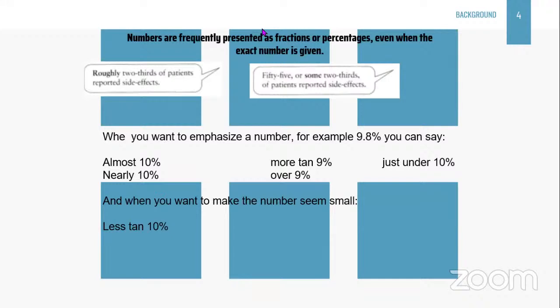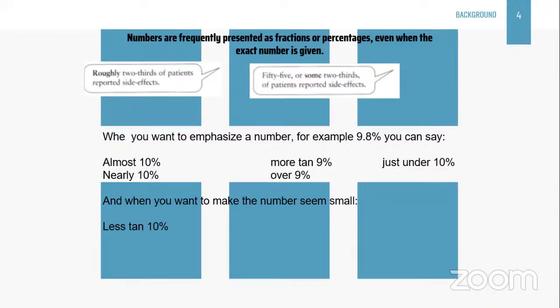Yes, of course. Numbers are frequently presented as fractions or percentages, even when the exact number is given. Roughly 2/3 of patients reported side effects. Some 2/3 of patients reported side effects. When you want to emphasize a number, for example, 9.8%, you can say almost 10%, nearly 10%, more than 9%, over 9%, just under 10%.